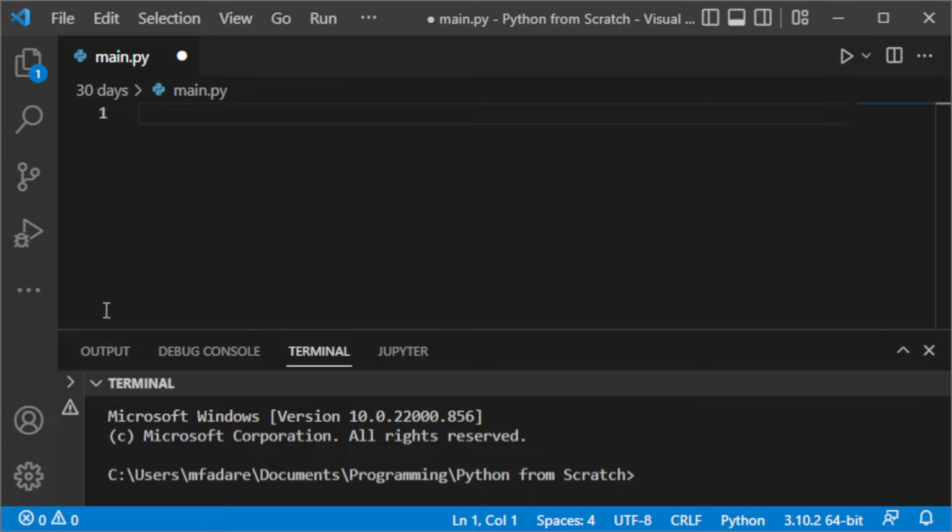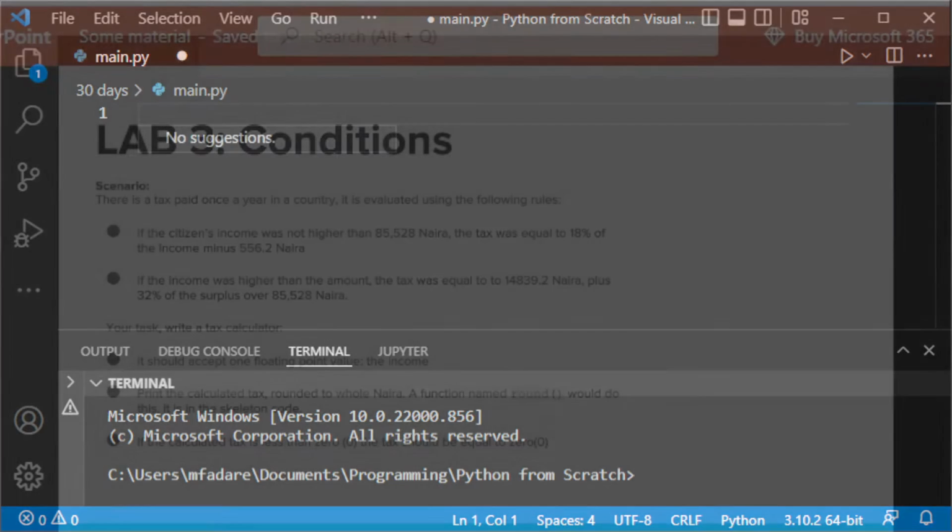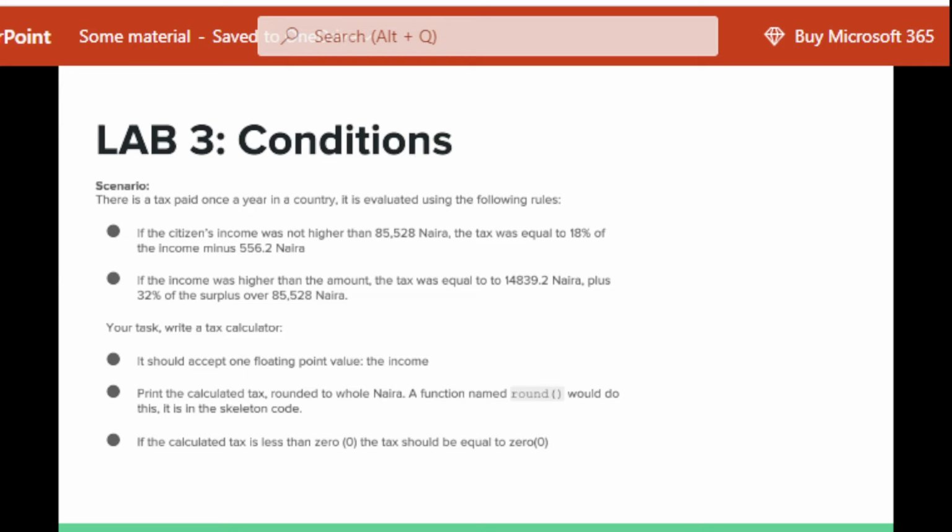Okay, so based on what they've asked us to do, let us read more instructions. There are still more. They said our task is to write a tax calculator, and that it should accept one floating point. Our task is very simple. That means we are to input something, and whatever we input, we'll have to cast into a floating point.